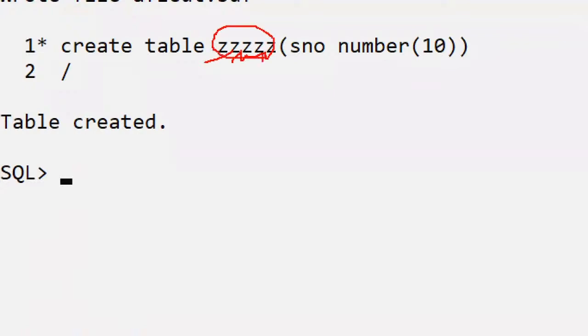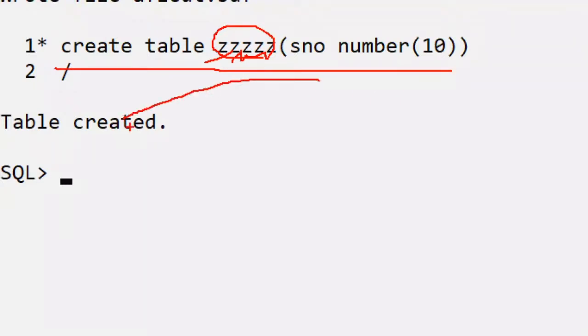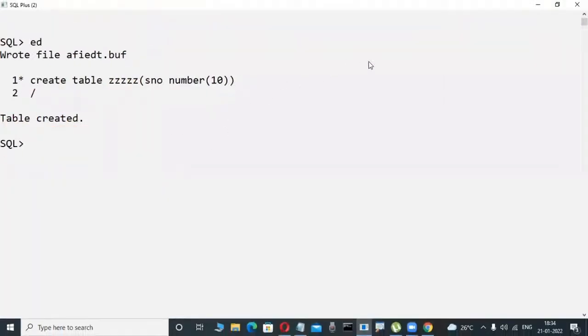Z is the name I am giving. The table I'm creating is only in my Oracle database, or SQL Server database, or MySQL database. The table is created.